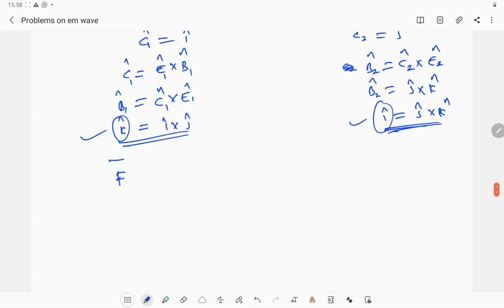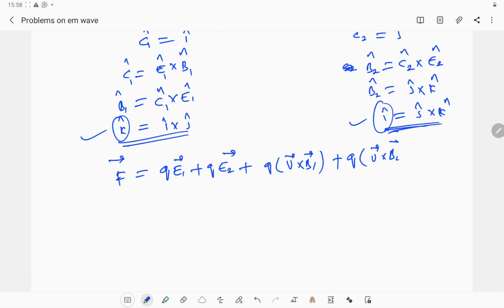Here force is equal to, one is electric field Q into E1 bar, another electric field Q into E2 bar, plus magnetic field Q into V bar cross B1 bar, another Q into V bar cross B2 bar. Therefore F bar is equal to Q into E1, means its amplitude and unit vector.